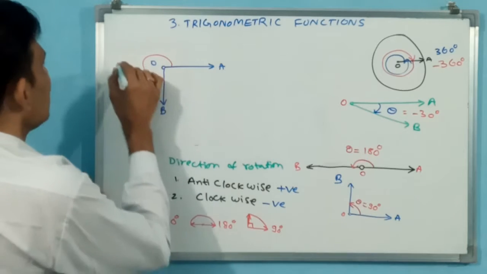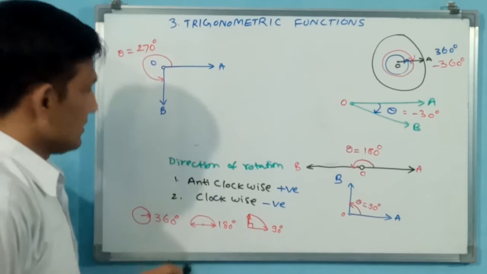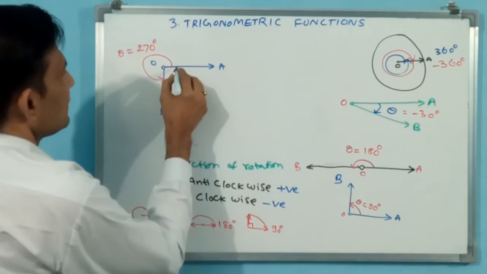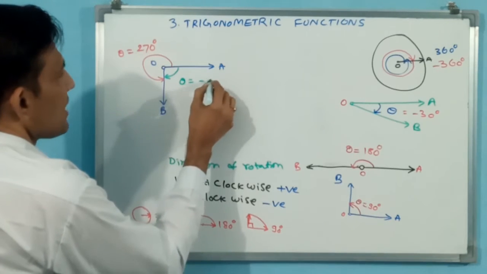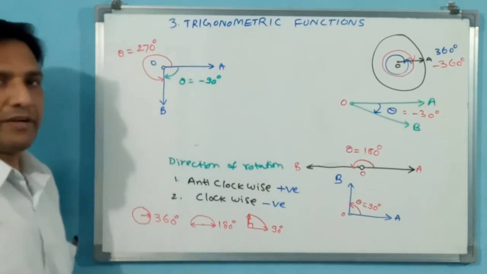Red color, theta is equal to 270 degree. Now with green color also I am drawing another one. Here theta is equal to minus 90 degree. Negative 90 degree.